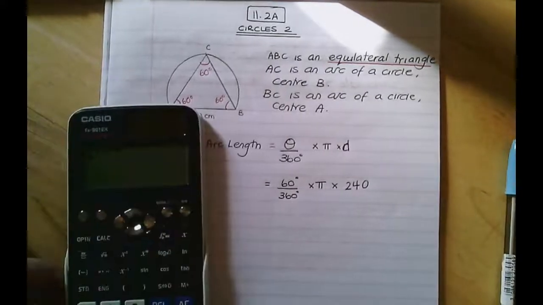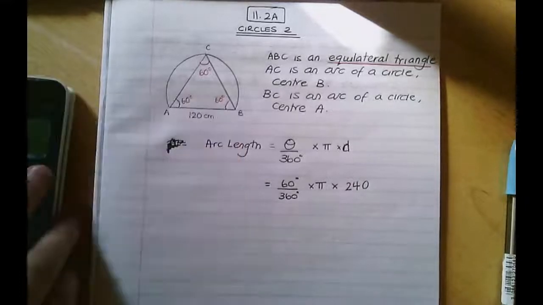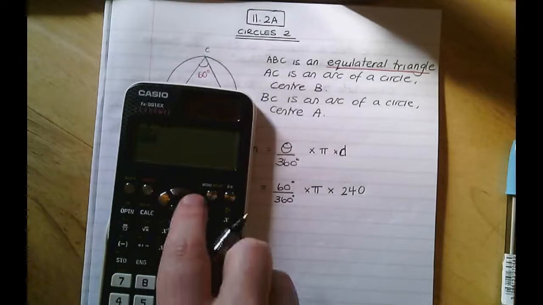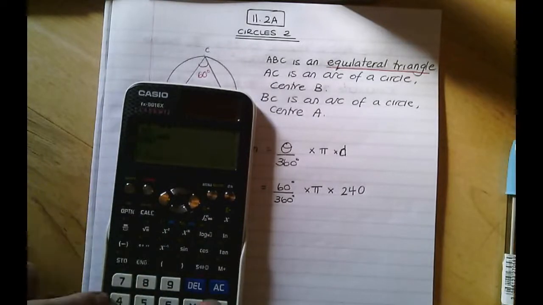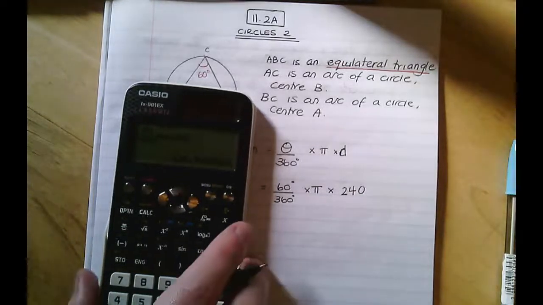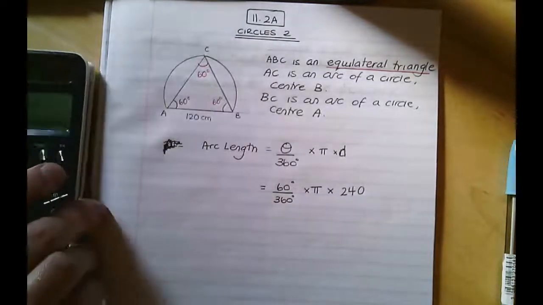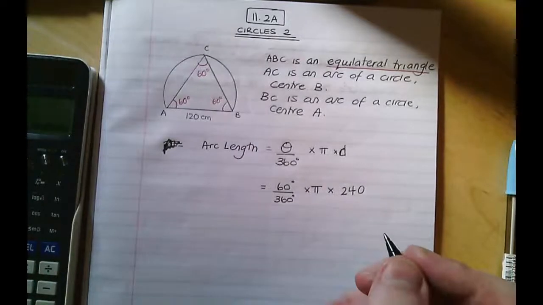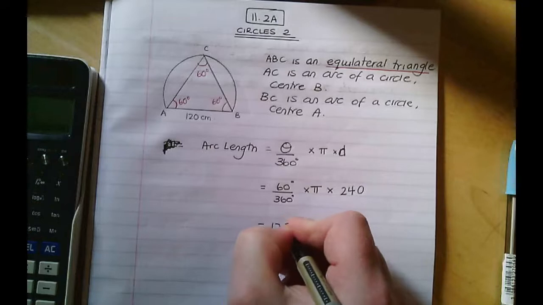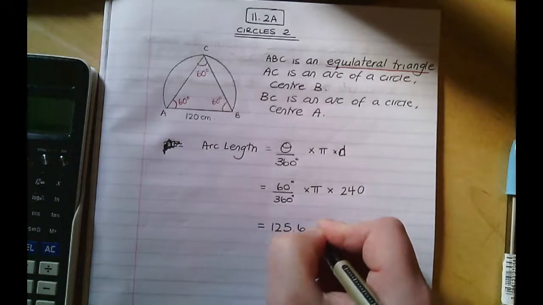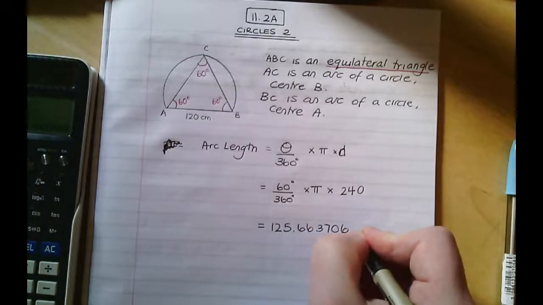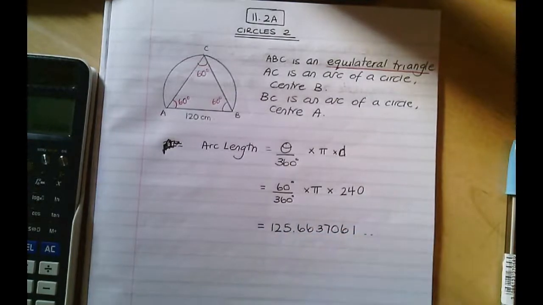And all I'm going to do now is stick that in my calculator, so 60 over 360 times pi times 240, that gives me 40 pi. Actually, I'm not going to round it yet, because that will make my answer less accurate.